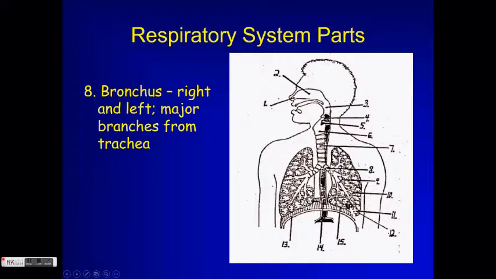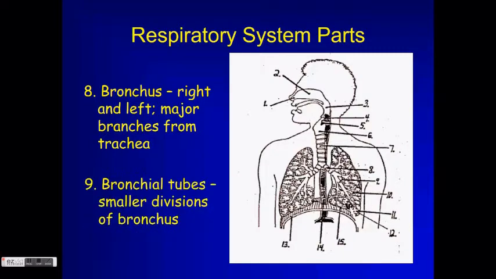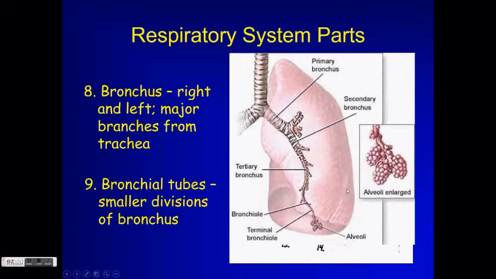As we work our way further down, they divide off into bronchial tubes, so smaller divisions of the bronchus. And then they get even further divided, so smaller and smaller pathways. So the trachea and the bronchus and the bronchial tubes eventually dividing off into bronchioles.